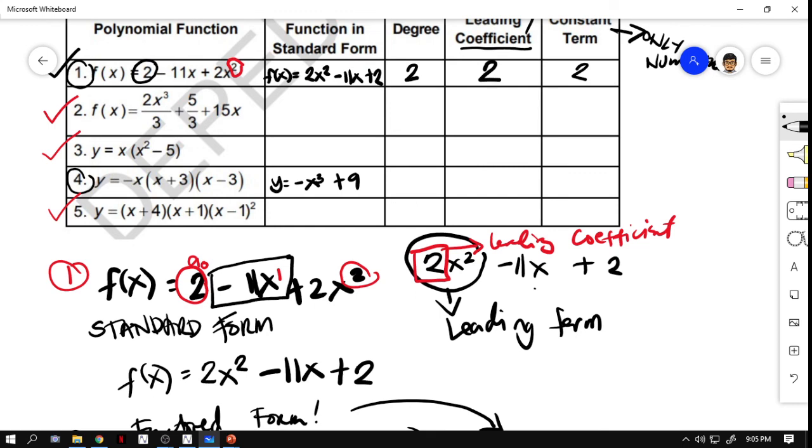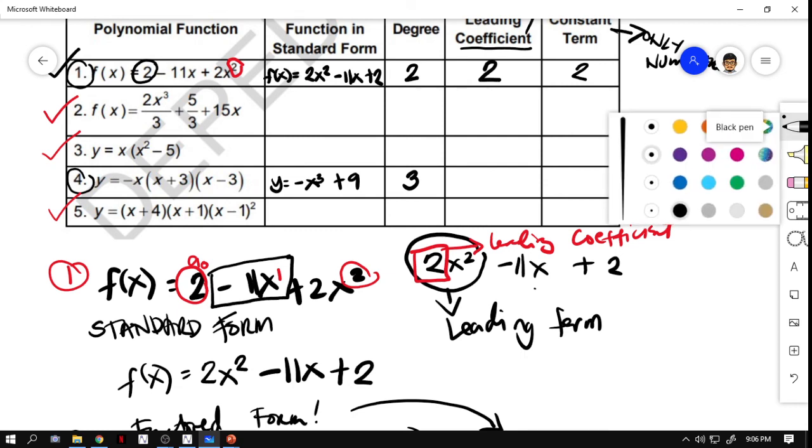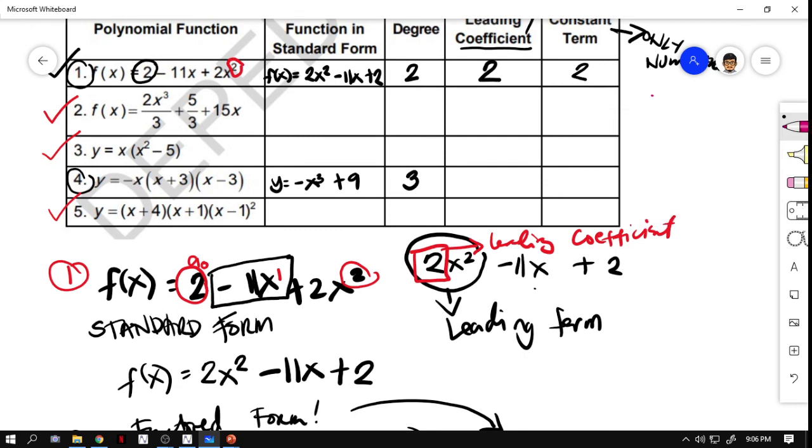Okay? Now, next, ano ang degree nung given polynomial function natin? Obviously, the degree is 3. Leading coefficient, ang leading coefficient natin ay nasa leading term natin. So, ano yung leading term natin? If you have negative x cubed plus 9x, ang leading term natin ito kasi meron siyang pinakamataas na exponent. So, negative x cubed ang ating leading term.